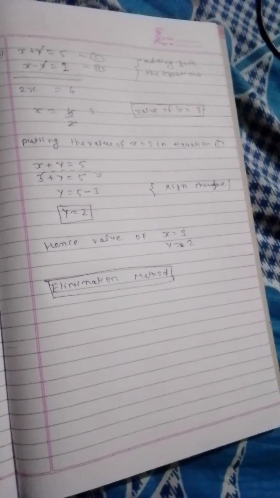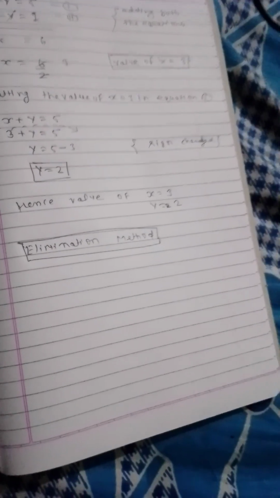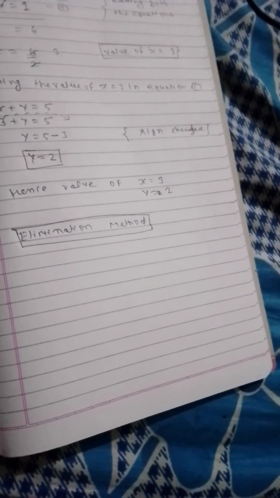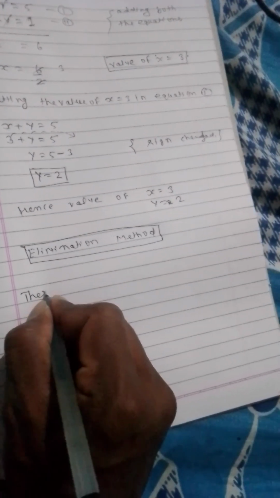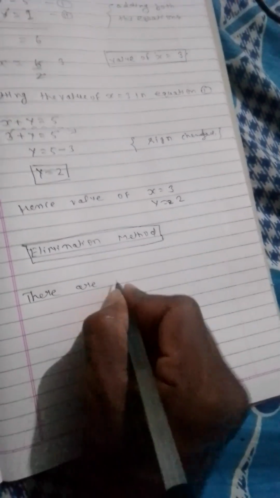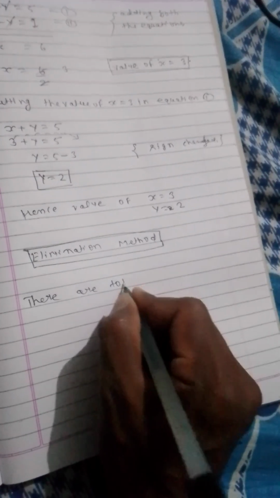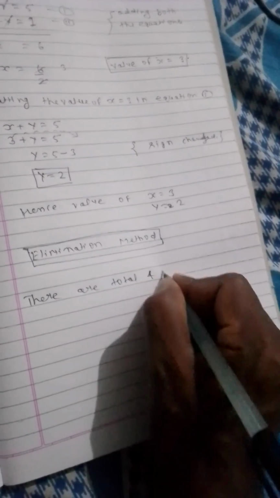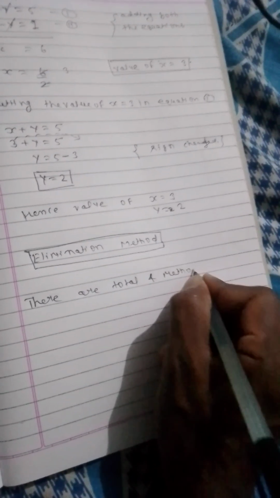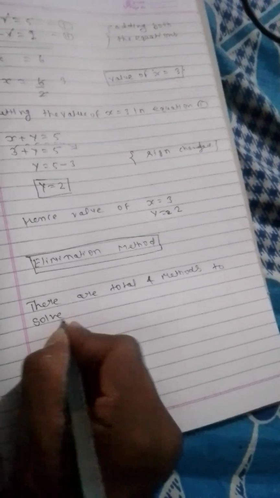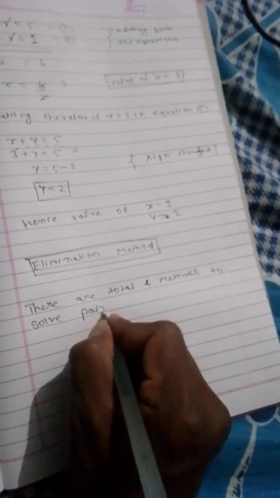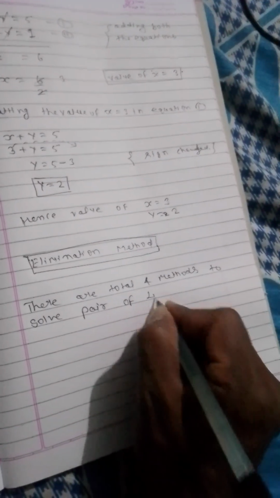Actually, there are total four methods to solve a pair of linear equation. So I will write here, there are total four methods to solve a pair of linear equation.